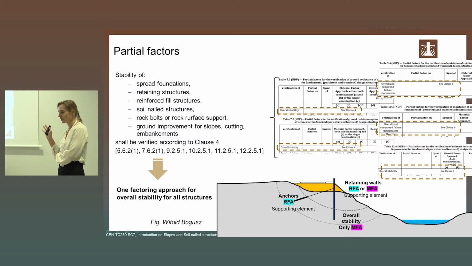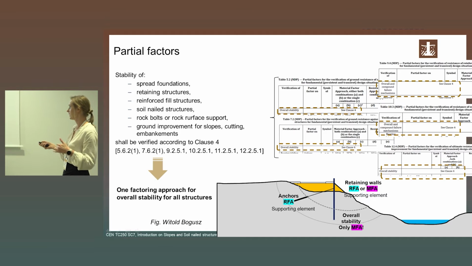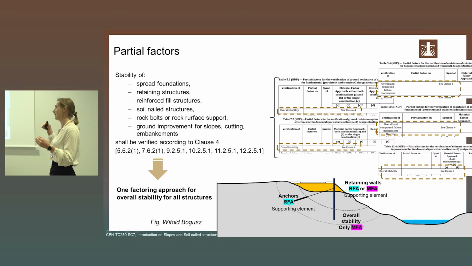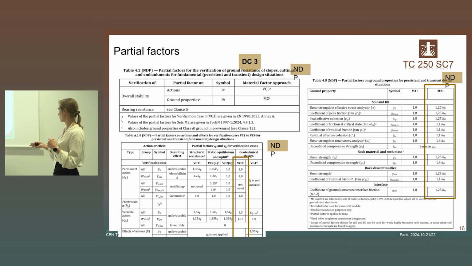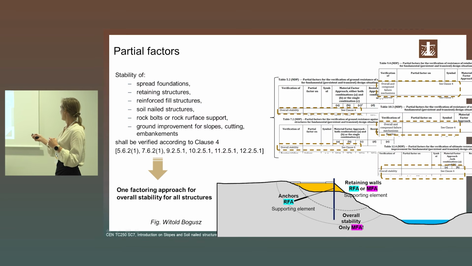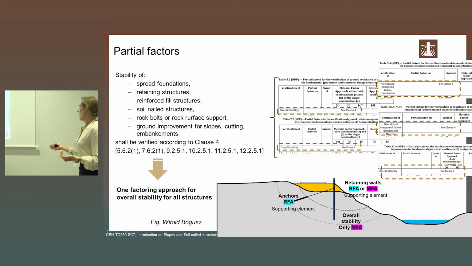What is significant is that for all other geotechnical structures, this factoring approach is harmonized. So clause 4 is referenced regarding the overall stability for all other geotechnical structures. It means that the partial factors I showed here are used in all these other structures' design process.